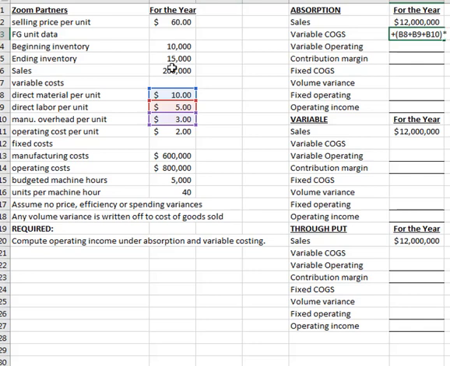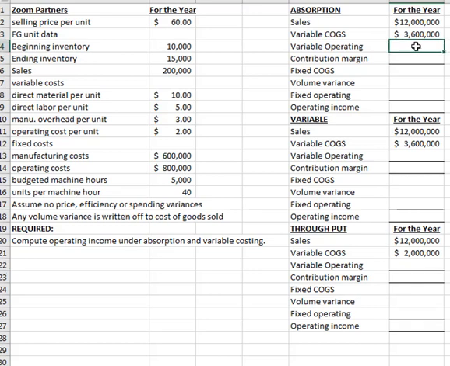And then this is times the units sold. And the variable cost of goods sold is identical in the absorption and variable costing method. It's not identical in the throughput because in the throughput we only include the cost of material in the unit cost. So for that method it's a little bit different.